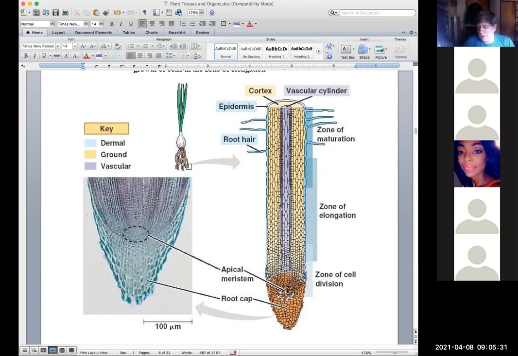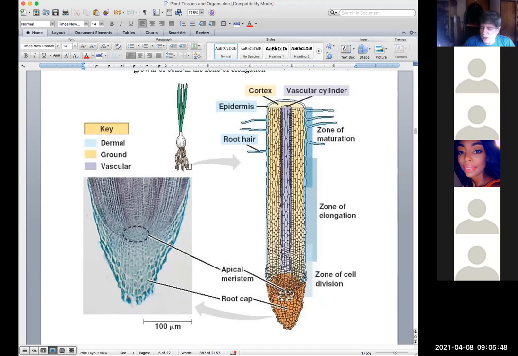Now, in this area, we have cells dividing by mitosis. And when the cells in this meristem region divide by mitosis, one of the daughter cells that's made in mitosis stays in the meristem. So that means it can divide again later.